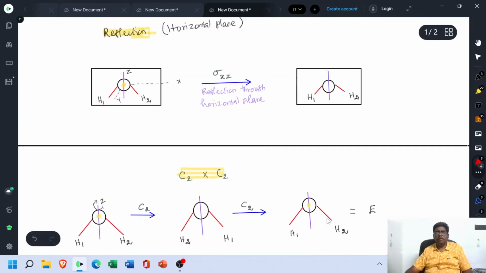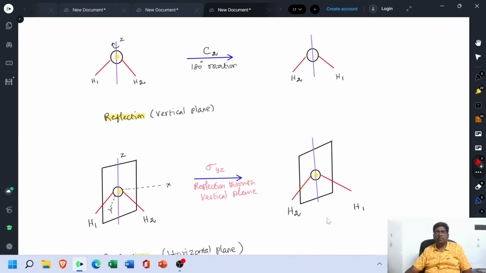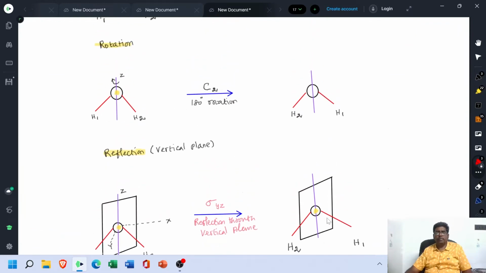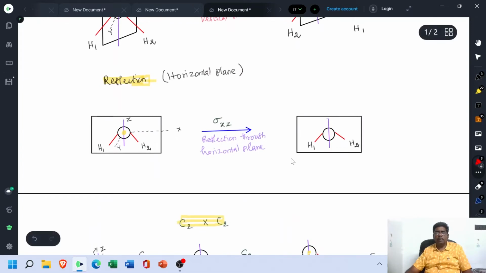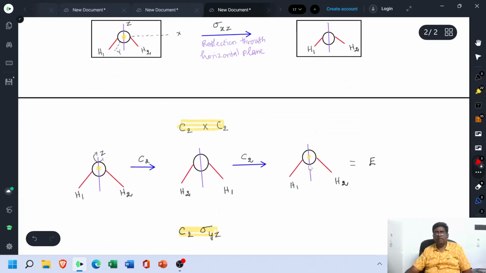Now compare the arrived molecule with our earlier operations. See, H1, H2 with the back face is our sigma XZ.